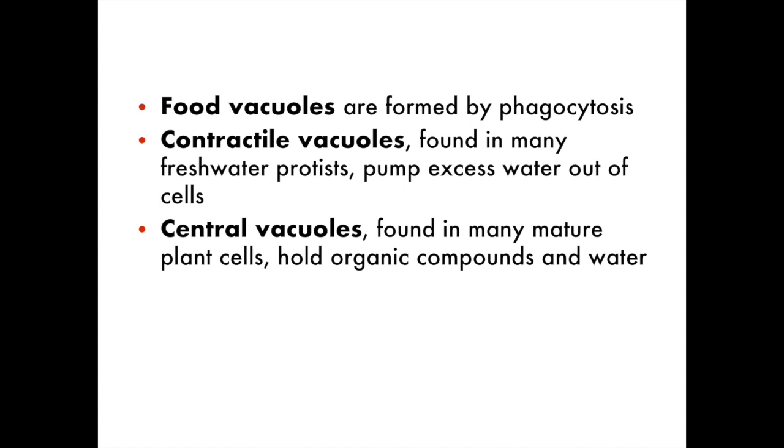So they can kind of bail out using these contractile vacuoles. And then in plants and fungi, they may have a large central vacuole. Organisms that have a cell wall need a central vacuole to make sure that the plasma membrane is always attached to the cell wall.